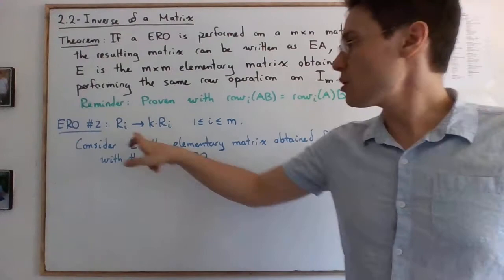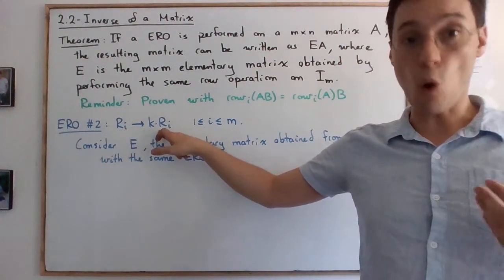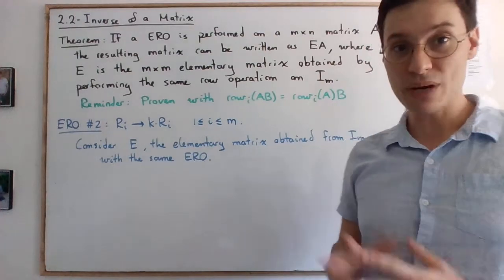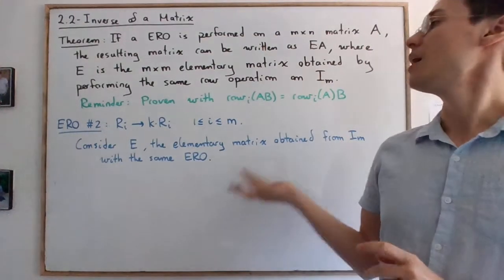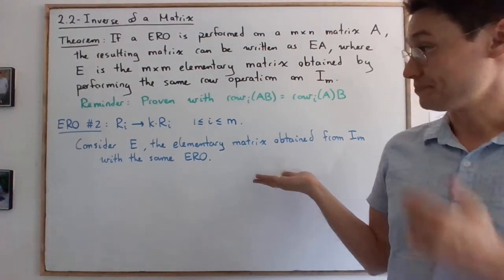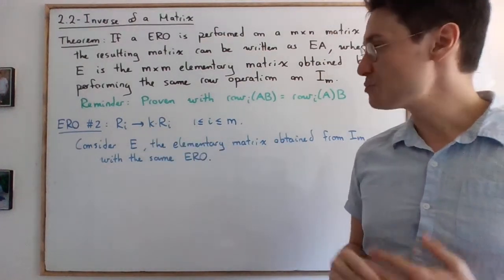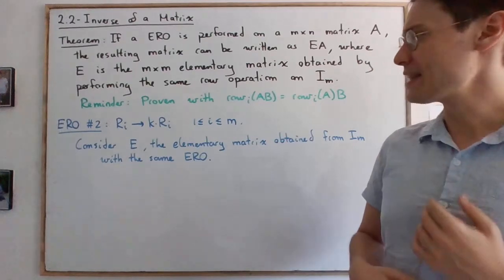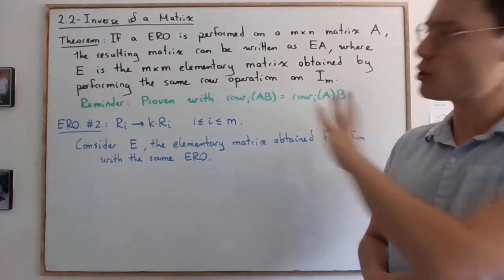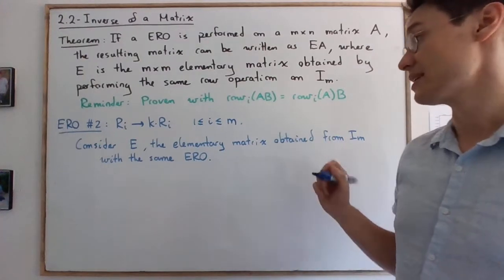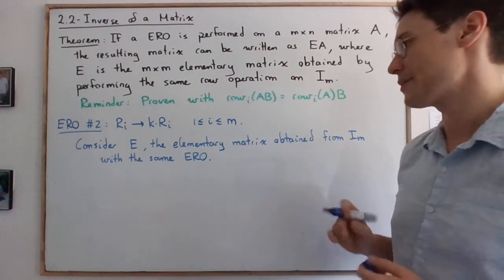Now we're considering the second row operation, the easiest, the scaling operation. So let's suppose that we're scaling a matrix. Remember that when you scale, k has to be not equal to 0. I will not change k. No problem with that. I don't actually need that k in my scenario.